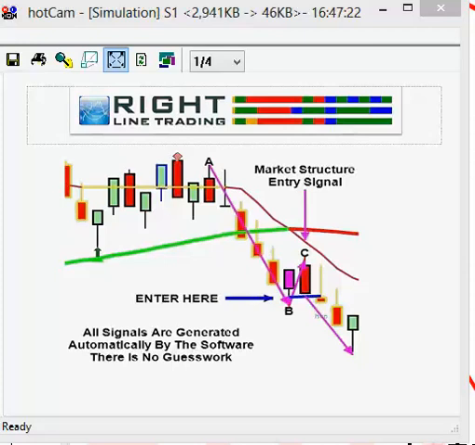Now these are all people who are trying to call a market bottom. The market's coming down, they're in this B candle, it's a long candle.